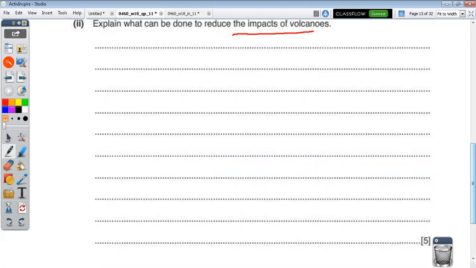You can monitor the volcano's activities for warnings. That's correct. Monitoring of volcanoes so that people are aware. Monitoring the volcanic activity. What else?